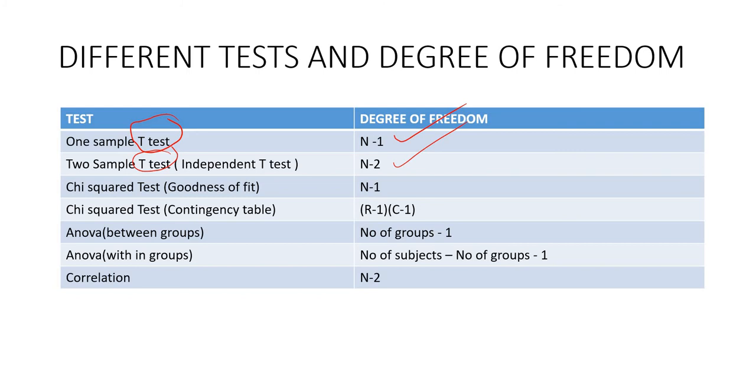For chi-square test, there are two options. One is the goodness of fit, and the other is when there is a contingency table. When there is goodness of fit, it's simply n minus 1.